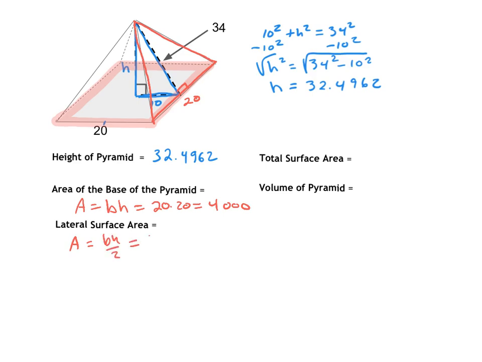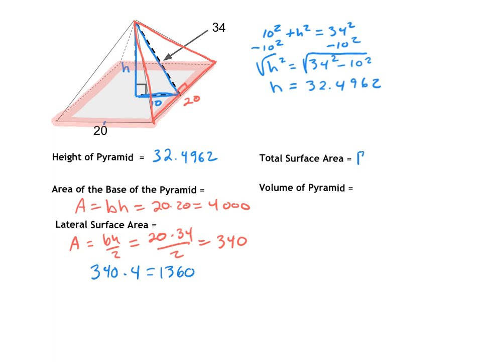So the base of my triangle is 20, the height of my triangle is 34, divided by 2, and that will give me 340. Since there are 4 sides, that means we need to take 340 times 4, which will give me 1360.